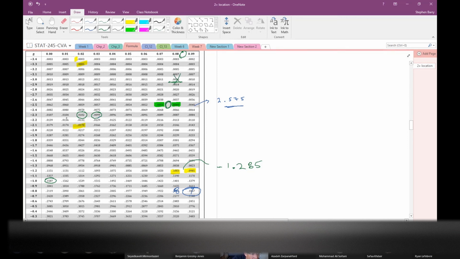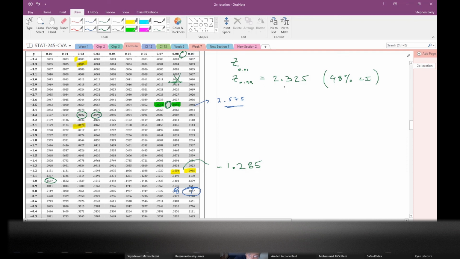All right, 0.01. This Z-score is also very famous. This Z-score, alpha over 2 of 0.01, or 99 according to that critical score thing, would be 2.325. So this is the one you use for 98% confidence intervals. This is the critical value to the right that we learned last week.